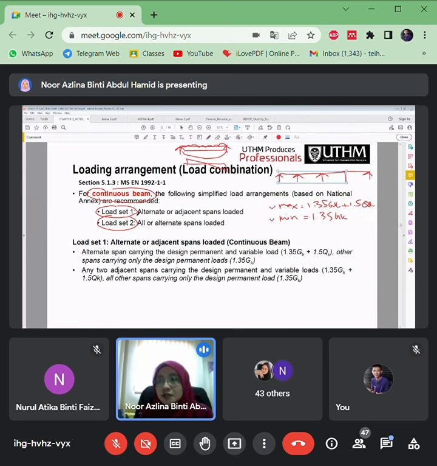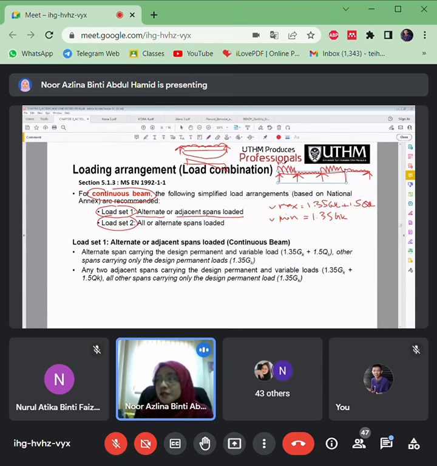For load set 1, it mentions alternate or adjacent spans loaded. This is how we arrange the load. Alternate means you change from maximum to minimum, from minimum to maximum, in turns. So if the first span is loaded with the maximum, the next span is the minimum. Then continue with maximum, then minimum, and keep continuing for other spans.